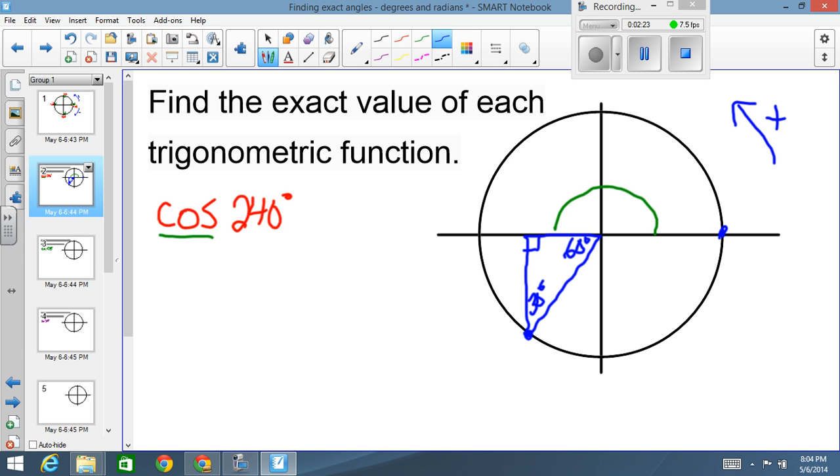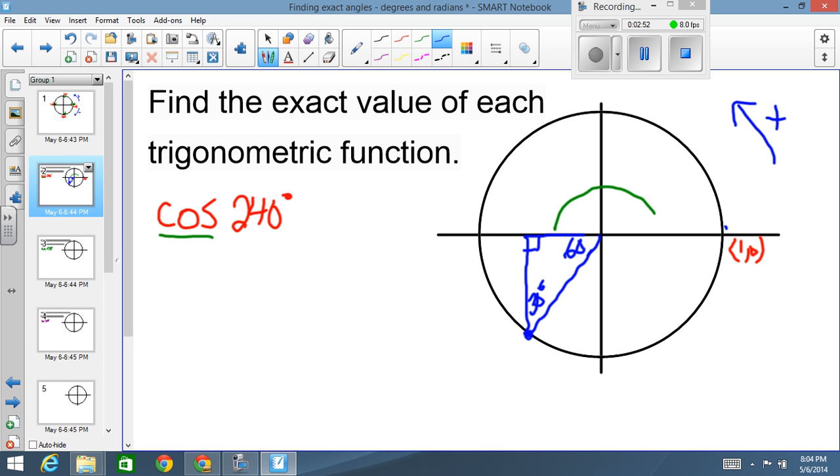In order to find some side values, though, I need to know at least one of them. Well, remember that this is called the unit circle for a reason, because this is the point 1, 0. So this radius from the center of the circle to that point is a length of 1. By the same argument, any radius at all on this circle is going to be a value of 1.